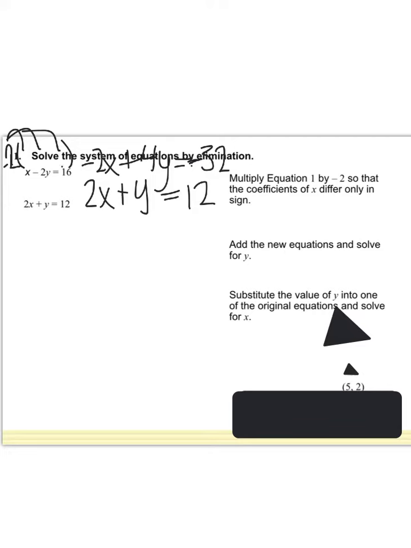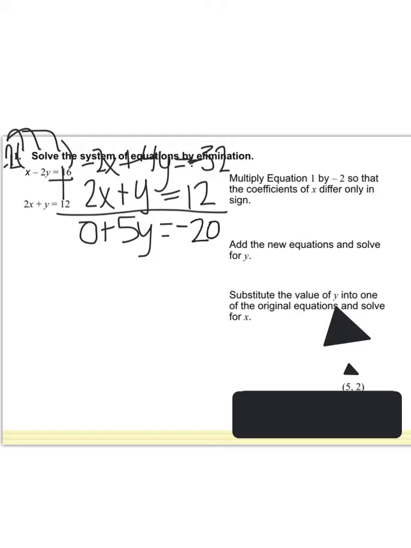Okay, so adding -2x plus 2x gives us 0. 4y plus y is 5y. And -32 plus 12 is -20.